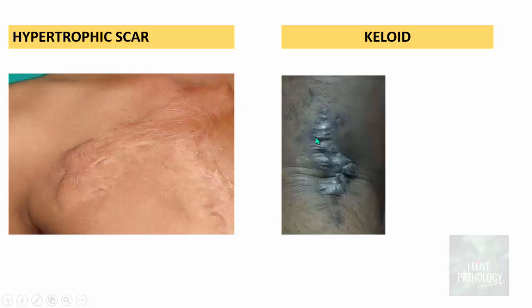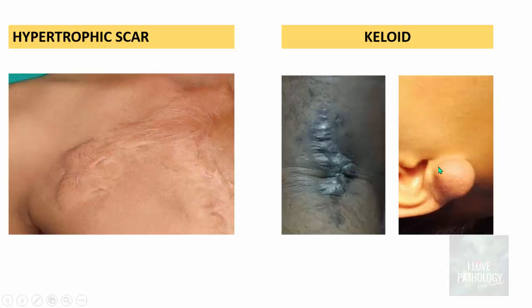This is also an abnormal, raised scar, but it has grown beyond the confines of the wound. This is another example showing keloid of the earlobes. This happens whenever there is an ear prick, which in some individuals, they develop excessive amounts of collagen and develop into a nodular enlargement, mimicking a tumor, and this is known as keloid. Remember, earlobe is one of the most common sites for occurrence of keloid.